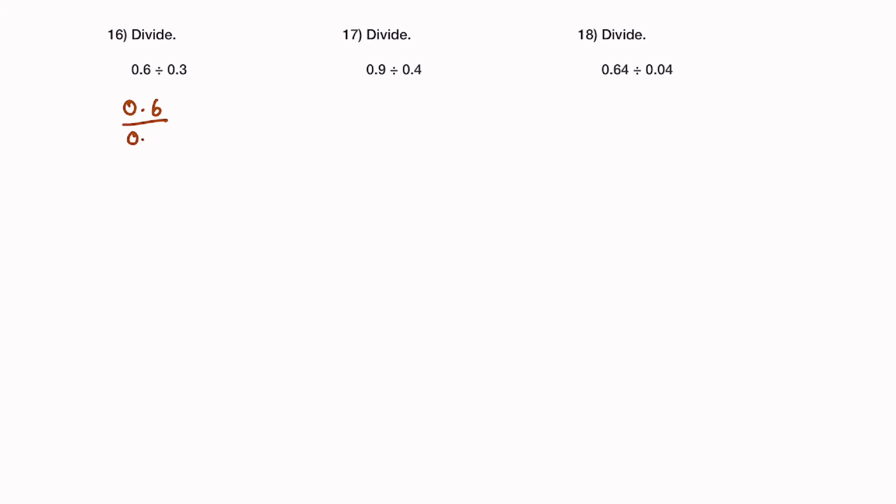So we shall continue using this method now. 0.6 upon 0.3, right? Now here, both numerator and denominator are decimal and both have one decimal place. So that's 6 upon 3 because we do times 10 and times 10. And 6 upon 3 is 2. Next, 0.9 divided by 0.4. So that's 9 upon 4 because we are doing times 10 and times 10.